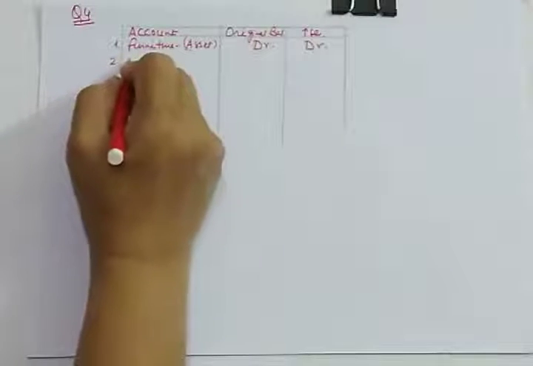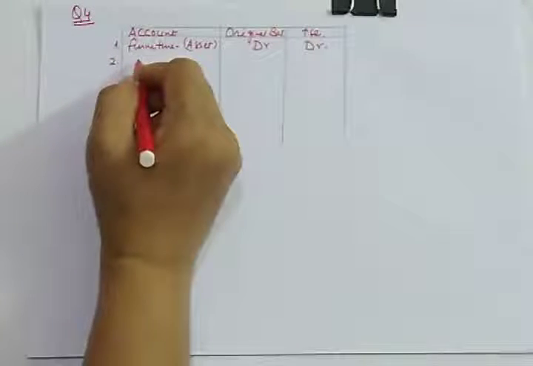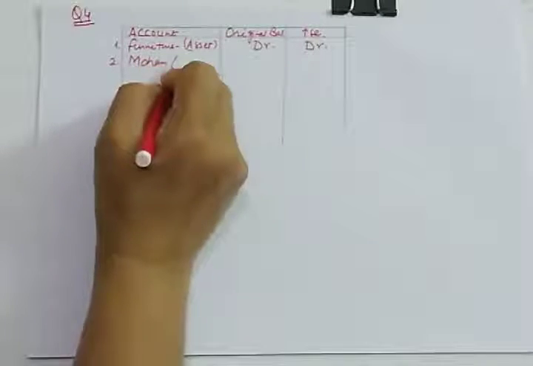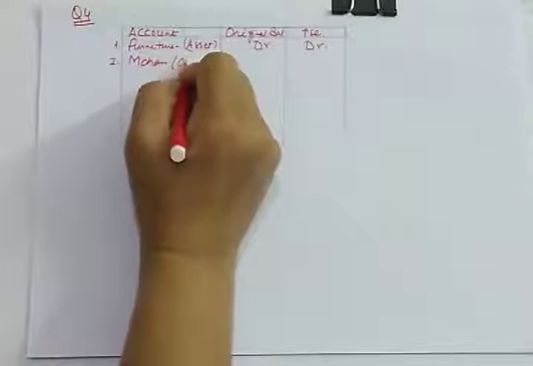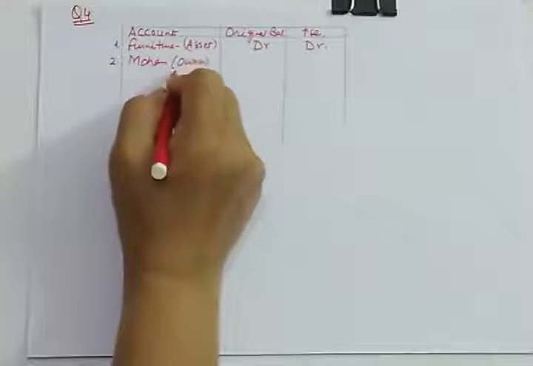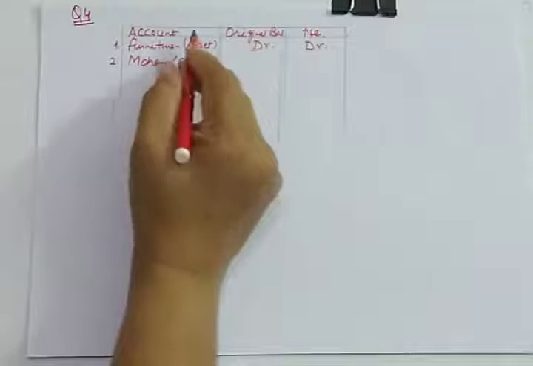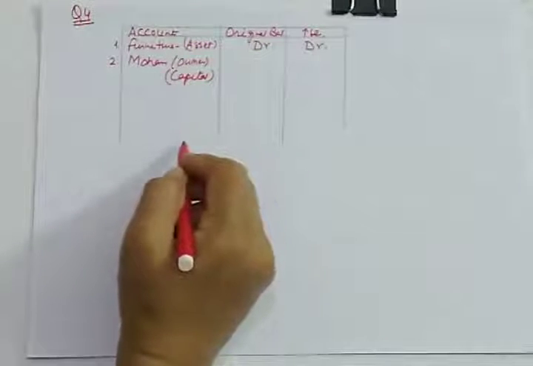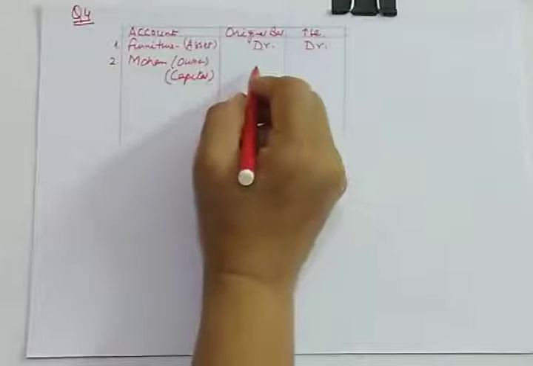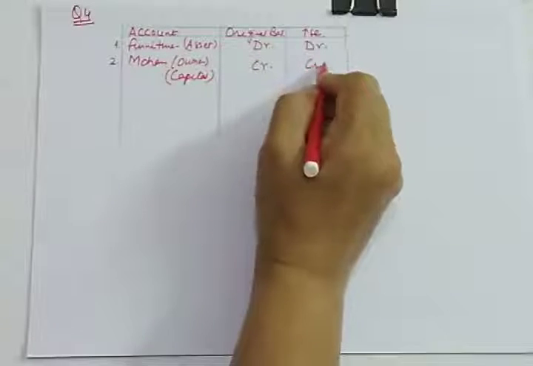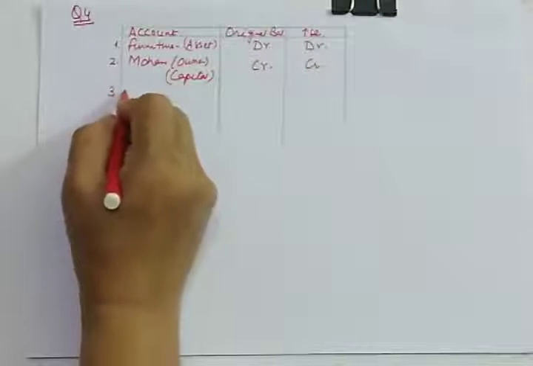Second is Mohan, owner. Owner means the category is capital. You can make one more column for category, that will be better. Capital original balance is credit, and if you want to increase, give credit again.